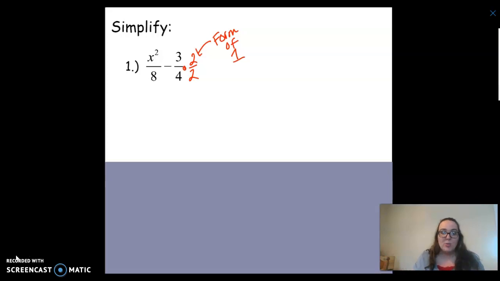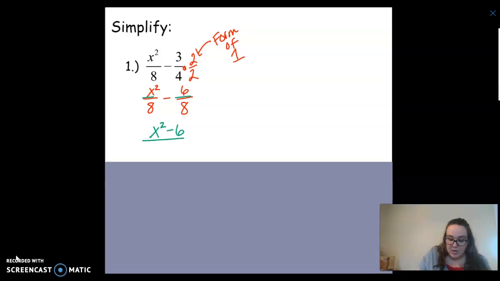I'm multiplying the numerator and the denominator. So I have x squared over 8 minus now 6 over 8. On my numerator, I have x squared and I have 6. Those aren't like terms, so when I subtract, I'm going to leave it as x squared minus 6 all over 8.